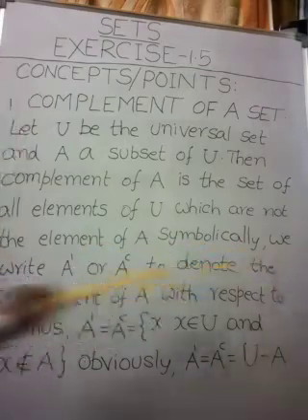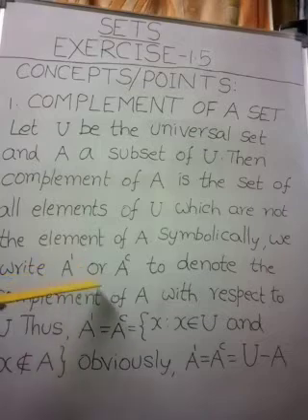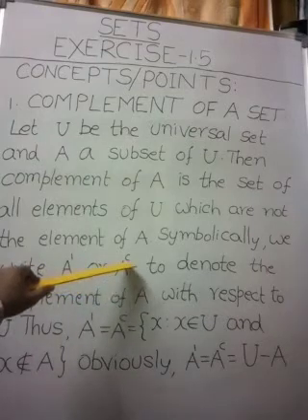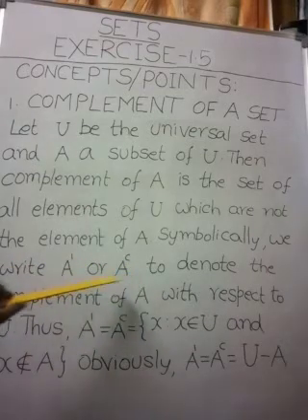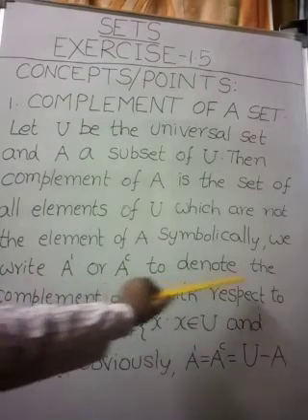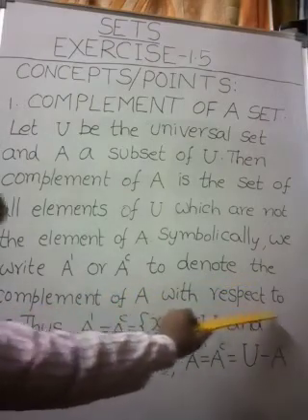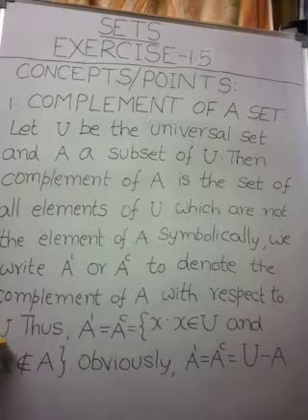Symbolically, we write A dash or A power C, A complement. Both denote the same, the complement of the set A, to denote the complement of A with respect to the universal set.